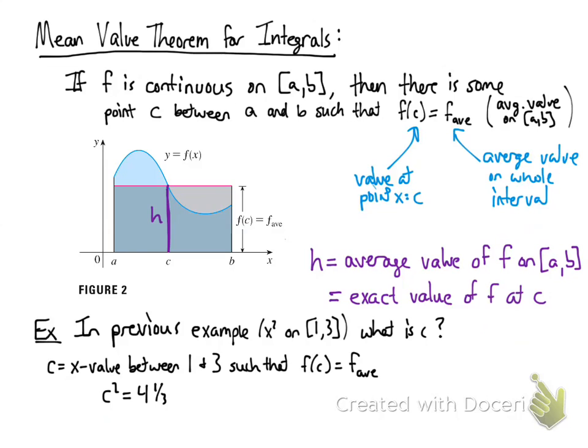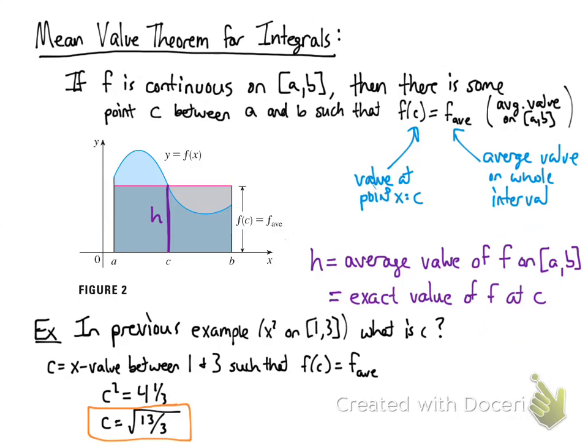So we're looking for c squared equals 4 1/3. That would mean c equals plus or minus the square root of 4 1/3, but we don't need the minus because c has to be between 1 and 3, so it has to be positive. So c is the square root of 13/3, the square root of 4 1/3. That's the c value that the mean value theorem says has to exist.